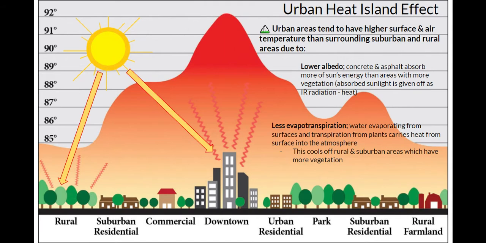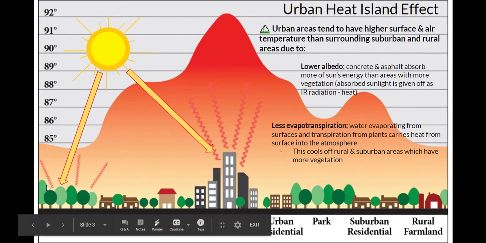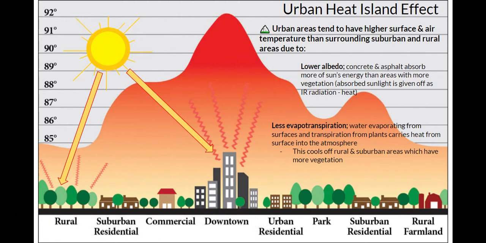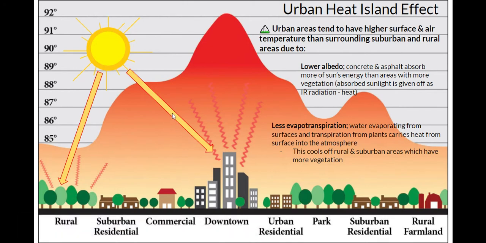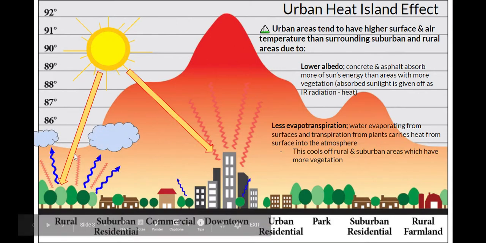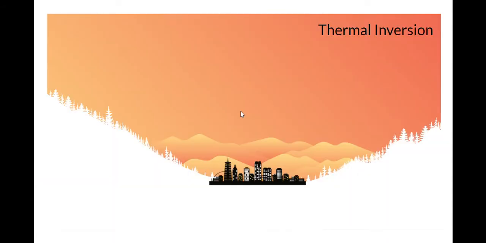Why? Because there aren't any. The water evaporating from the surface and transpiration from plants carries heat from the surface into the atmosphere. This cools off the rural and suburban areas, which have more vegetation, whereas the urban areas are going to get hotter. And so what happens is we're going to get more clouds in this area.